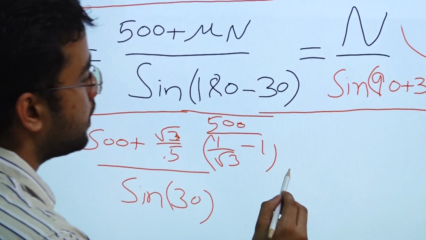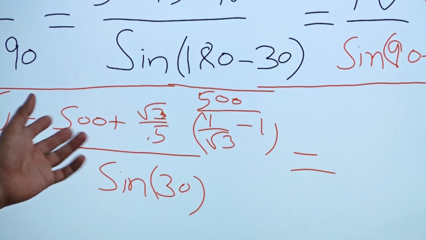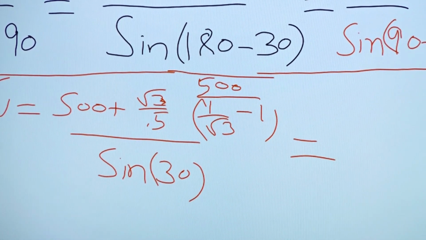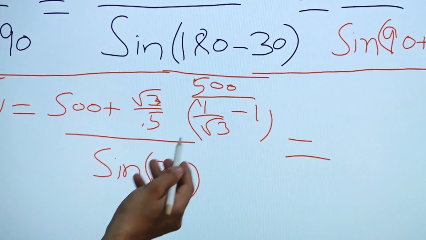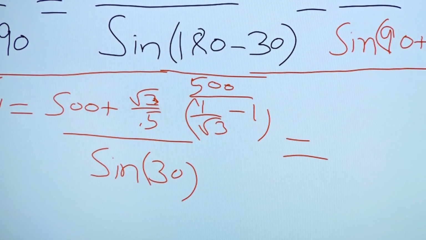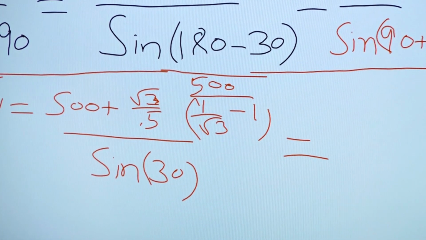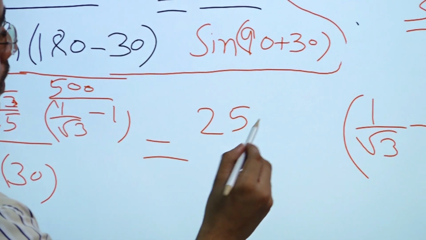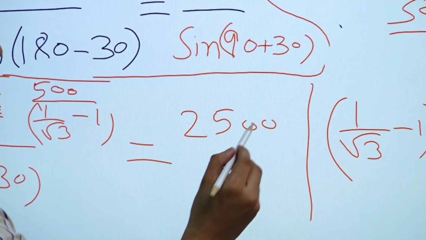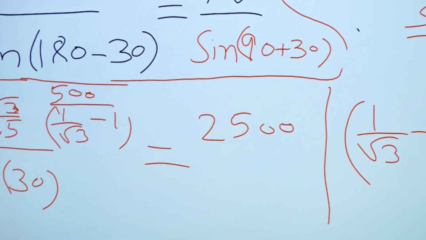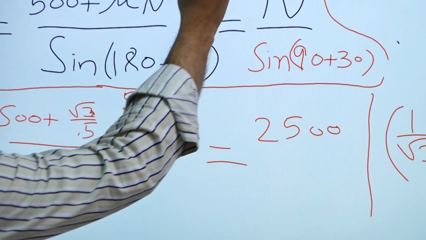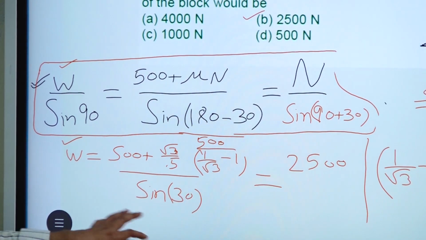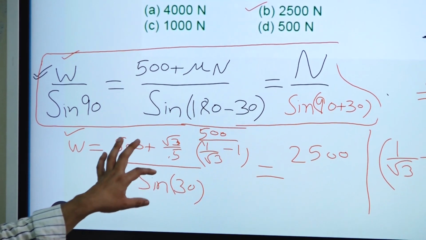When we solve this equation, you just have to apply some mathematics and you can find the value of W, which will come around 2500. So the solution is 2500 Newton, and this will be solution B. To solve this, you have to use your calculator.